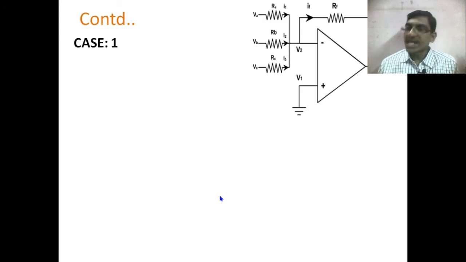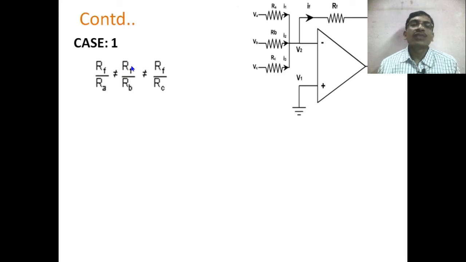In case 1, RF by RA is not equal to RF by RB, which is not equal to RF by RC. This means that RA, RB, RC are different values, not the same values. In the last derivation, we took RA equal to RB equal to RC so that we could take RF by R as common.